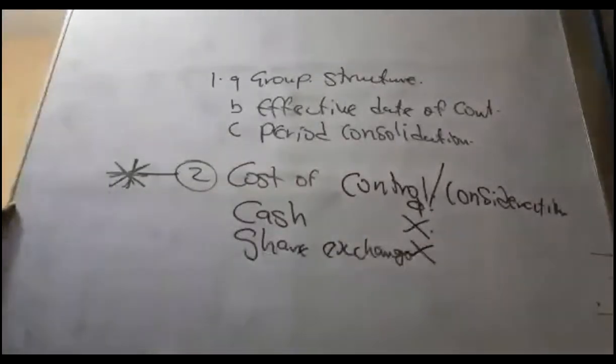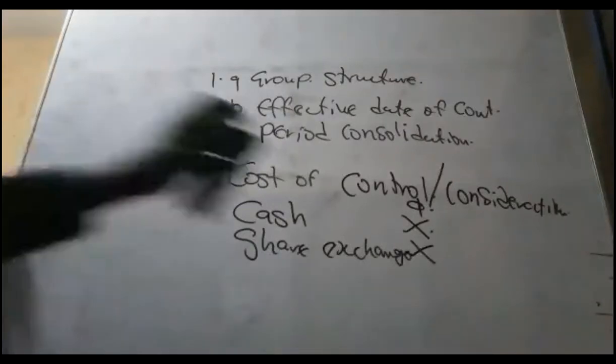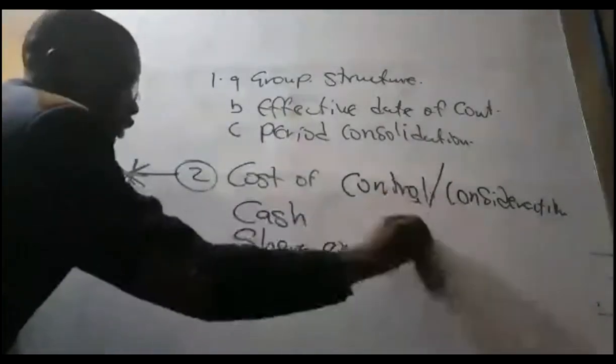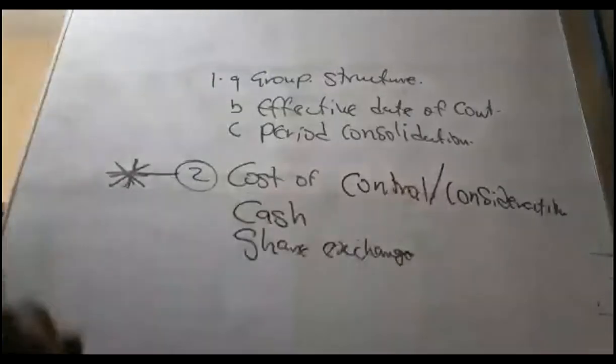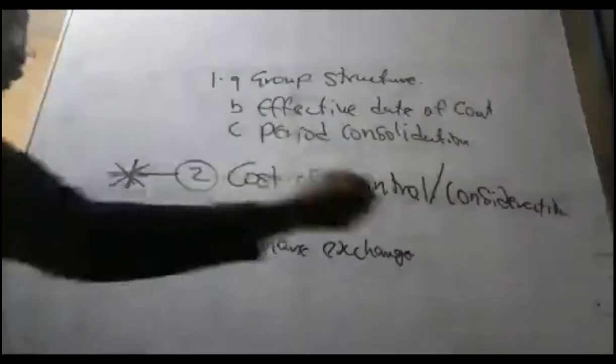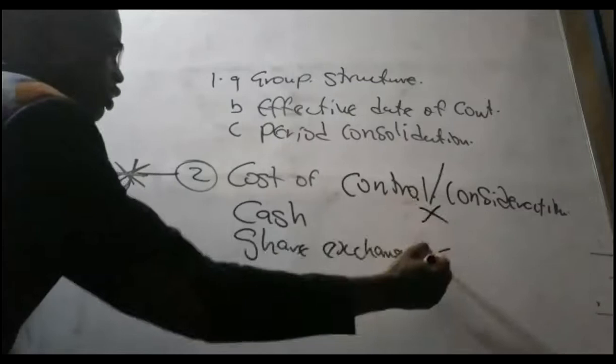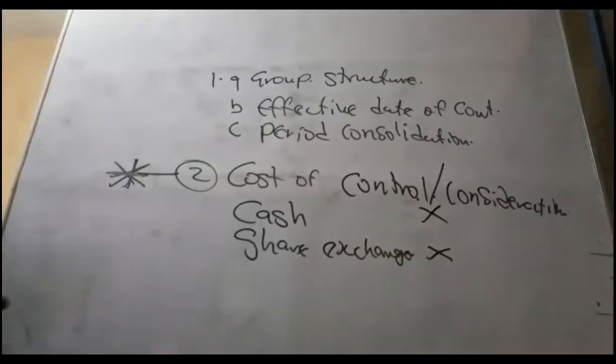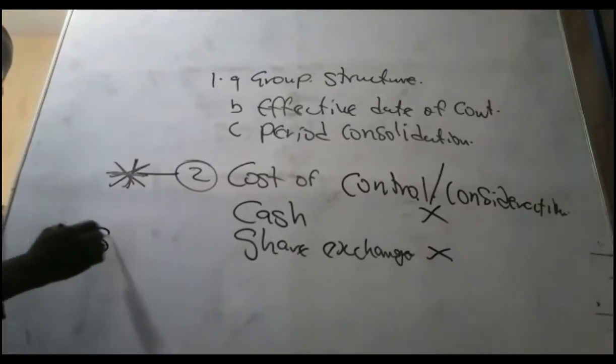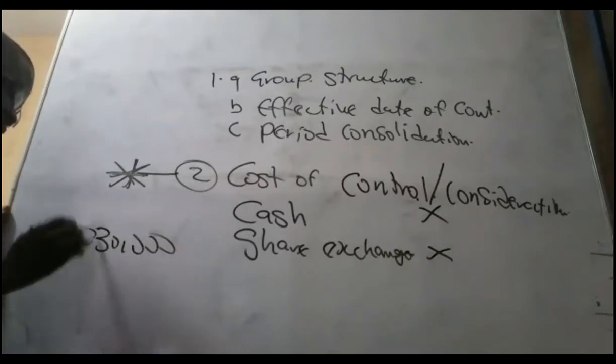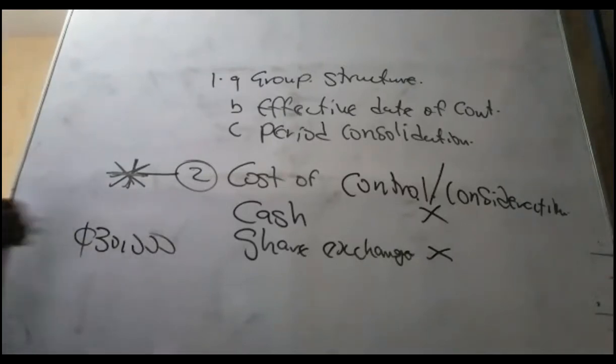Here you acquire the subsidiary and you pay using your shares. So you give the owners of the subsidiary some of your shares to cater for the payment. Let's say you're supposed to pay 30,000 Ghana cedis to the owners of the subsidiary.